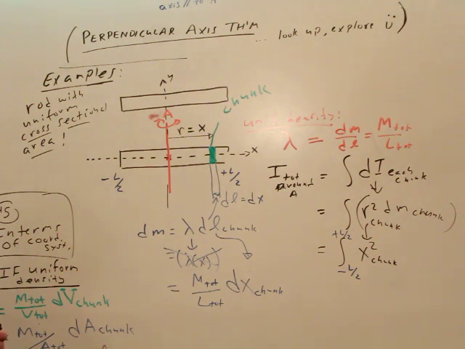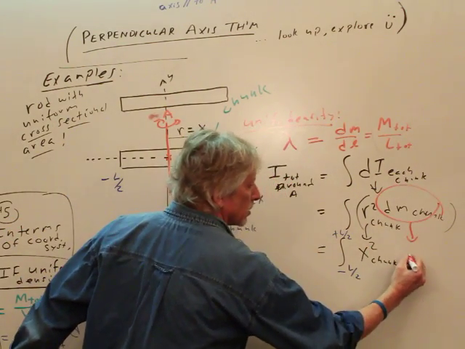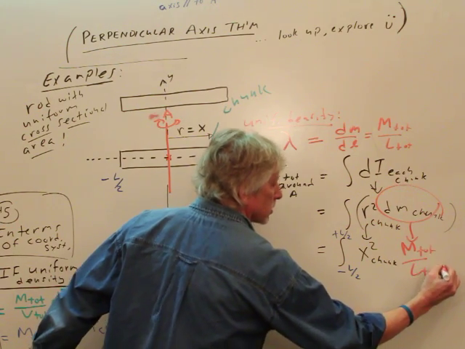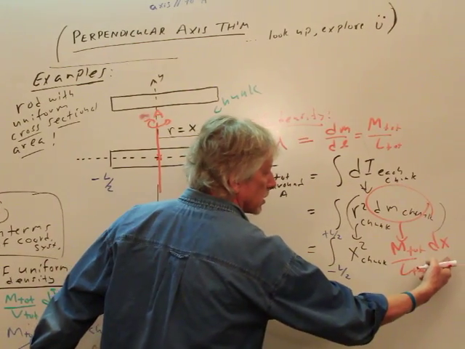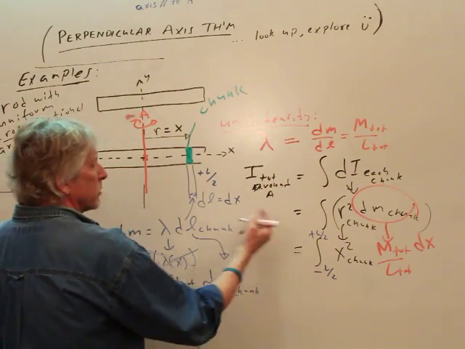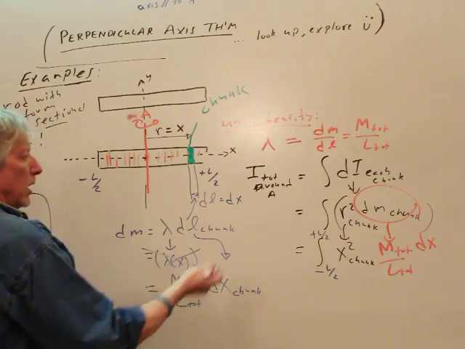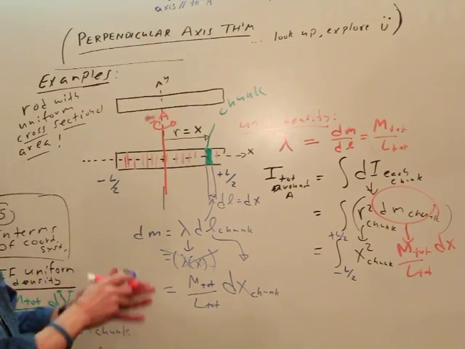All right, cool. So now I've done some good work here. I've turned this into mass total over length total, dx over all the possible pieces, this piece, this piece, this piece, and then I will get the total rotational inertia. Now it's math. You've done the physics.